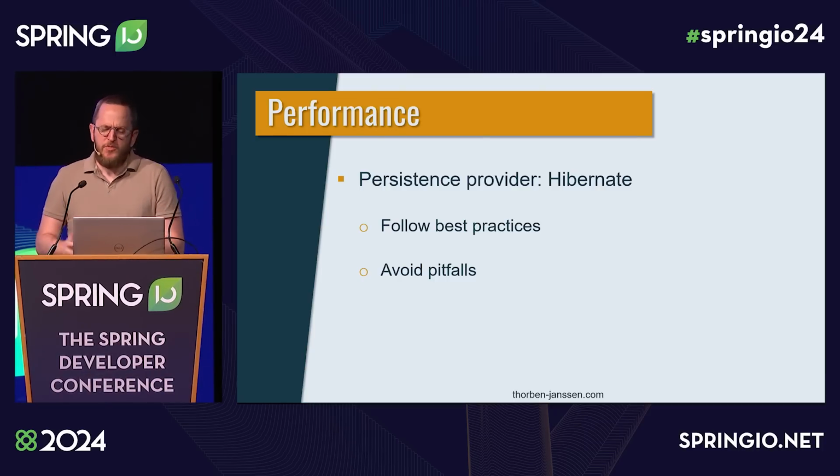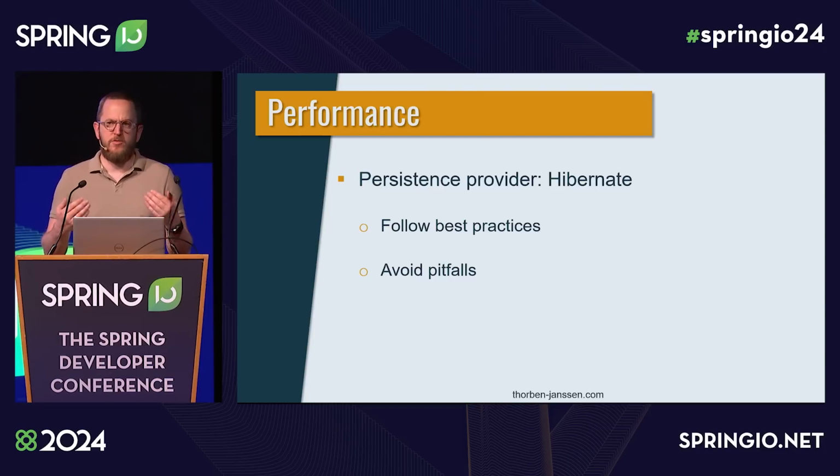Then we could almost say we are done, but let's get a little bit deeper into that topic. Before we dive into the different parts, I want to point one thing out: even though Spring Data JPA is amazing, it uses something more underneath. It uses a JPA implementation, in most cases Hibernate.